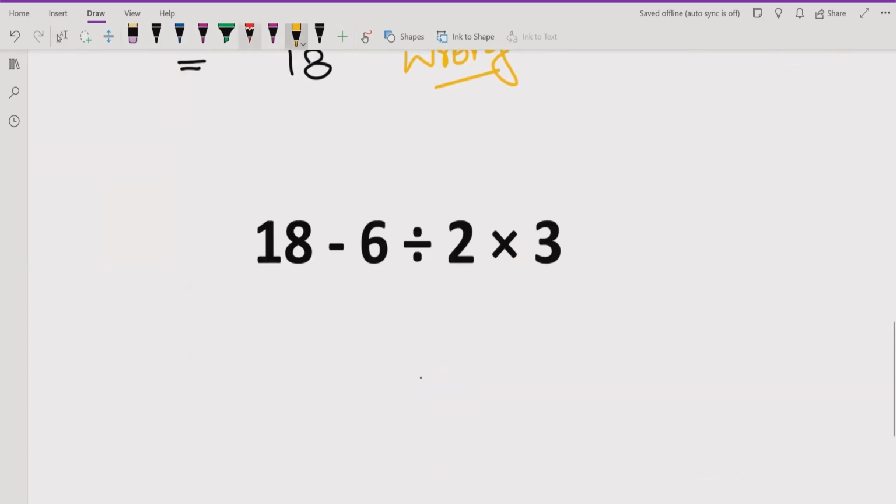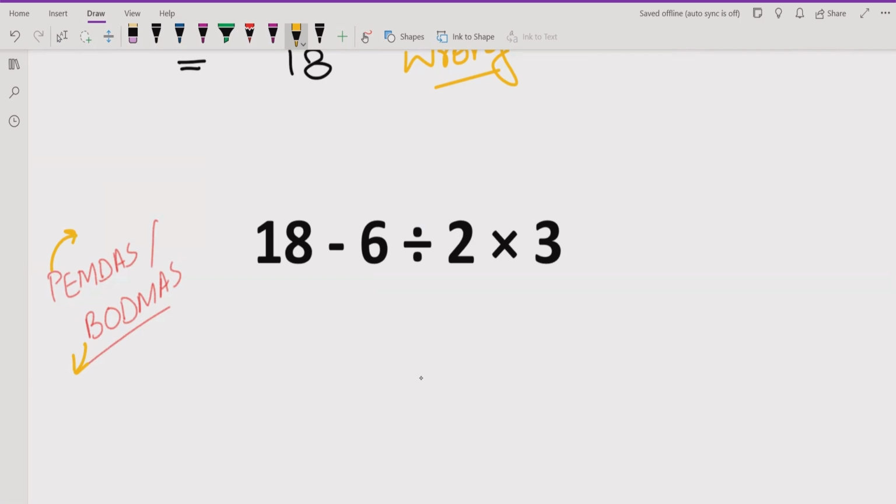Now we will solve this expression using the PEMDAS or BODMAS method. See which operation you can solve first according to the rule. We have P for parenthesis and B for bracket.